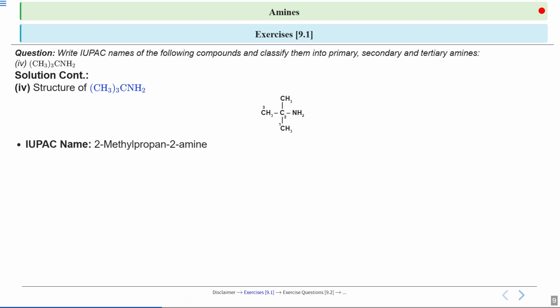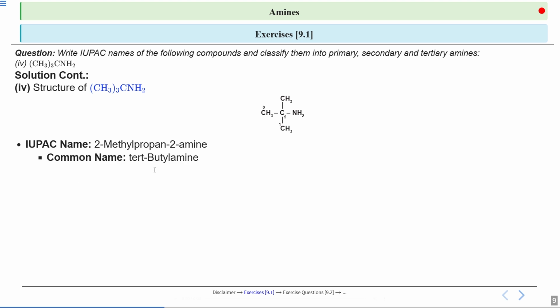2-methylpropane-2-amine. If you see in this case, this methyl group is not directly attached to nitrogen. If it is directly attached to nitrogen, we designate it as N. But since it is attached to the second carbon, it will be 2-methylpropane-2-amine.